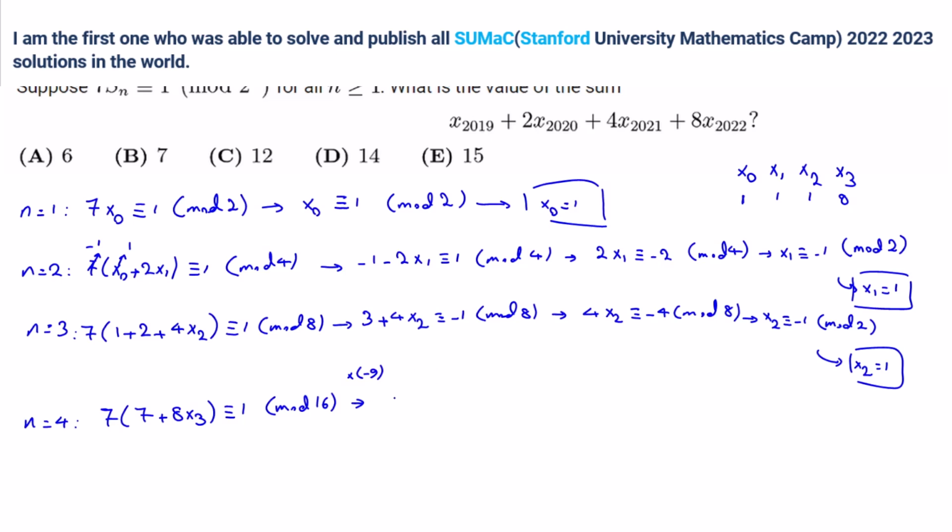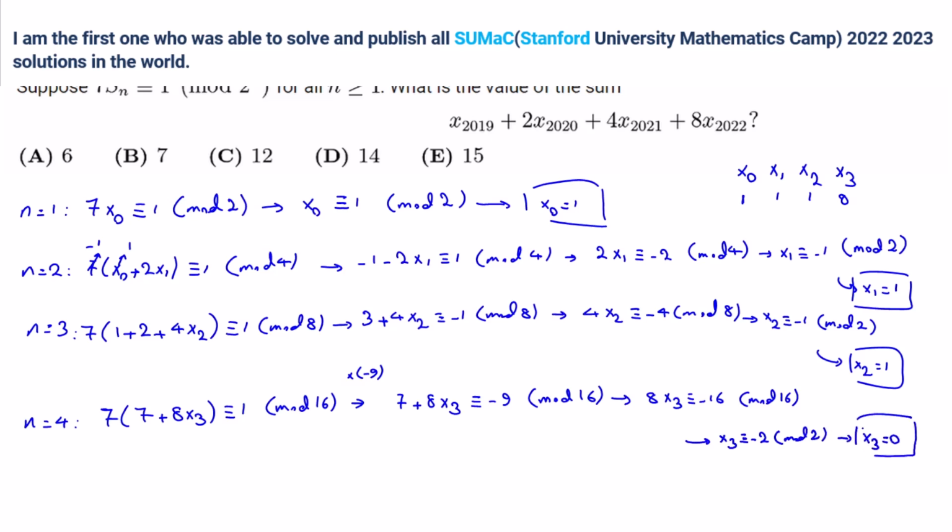Negative 63 is 1 mod 16, right? Oh, yeah. So we can say it's negative 9, right, mod 16. Agreed. So if you subtract 7, 8x3 is negative 16 mod 16. So if you divide both sides by 8, x3 is equal to negative 2 mod 2, which is 0. So x3 is 0, right?